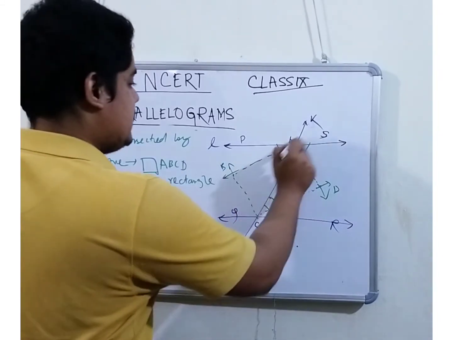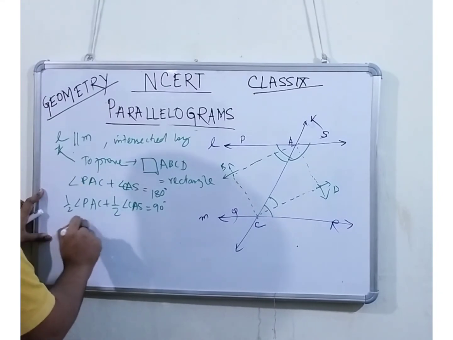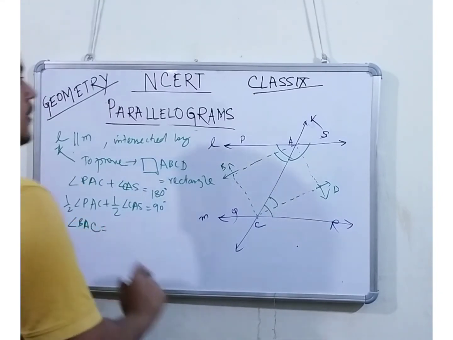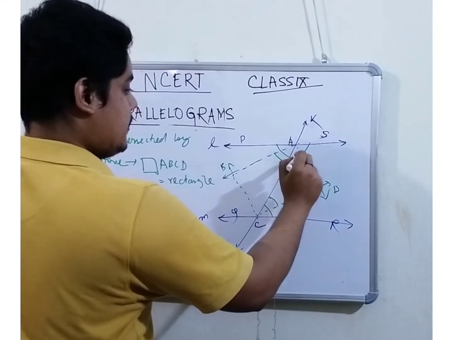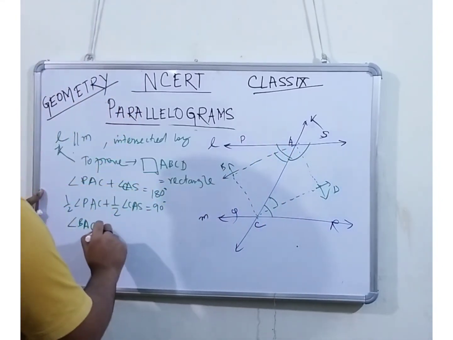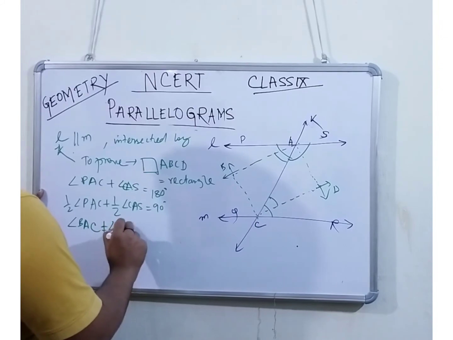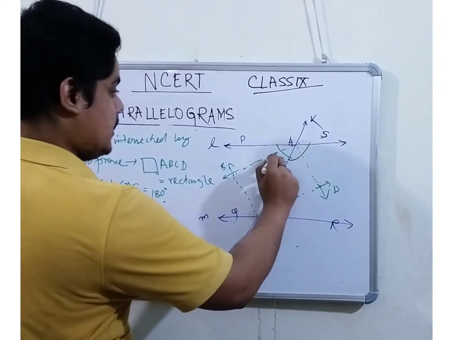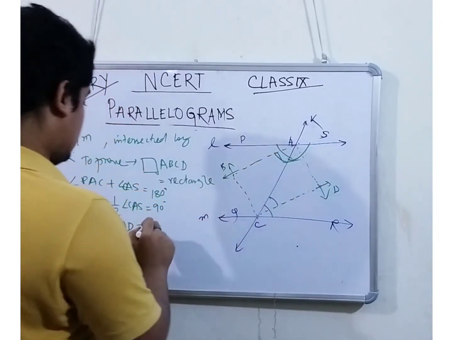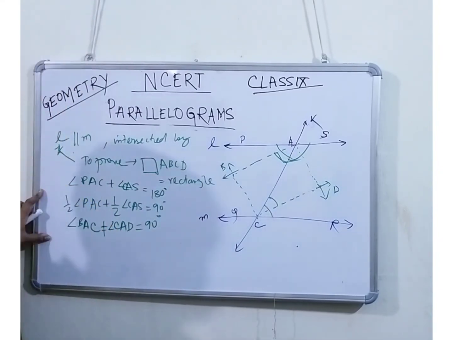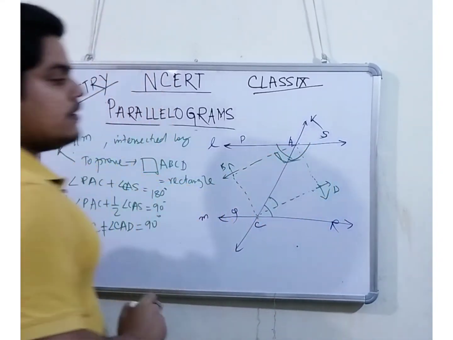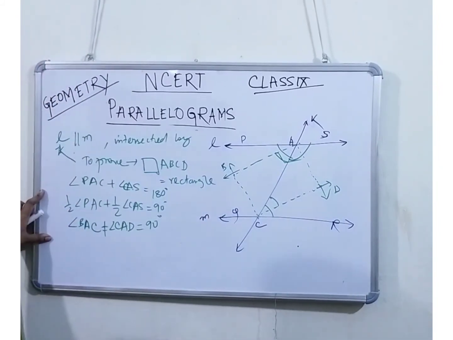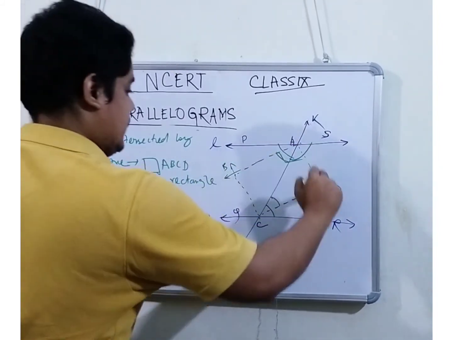What is half of PAC? That is BAC. What is half of CAS? That is CAD. And if we add them together, it will give 90 degrees. So it is a parallelogram which has an angle of 90 degrees. So it is a rectangle.